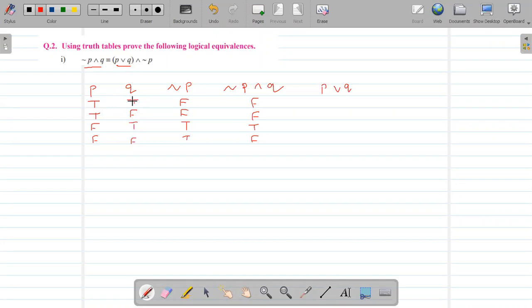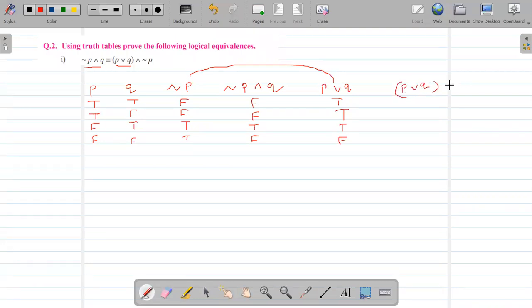So true, true, true, true, false gives true, false, true gives true, and false, false gives false. Now we will write the disjunction of negation P and this P or Q. So let's write.